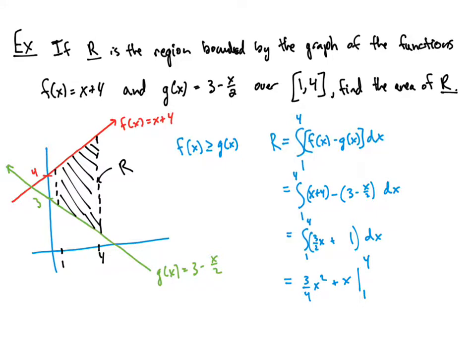Evaluating first at 4, we have 4 squared is 16 times 3 is 48 over 4, plus 4, minus 3/4 plus 1. So 48/4 plus 4, well that's 16/4, so 64/4 minus 3/4 plus 4/4 is 7/4. That leaves us with 57/4 as the area for region R.